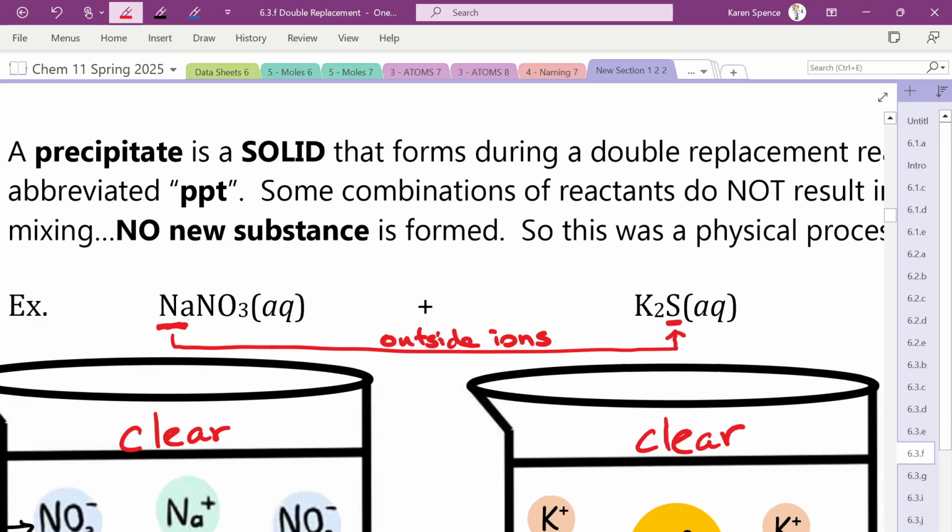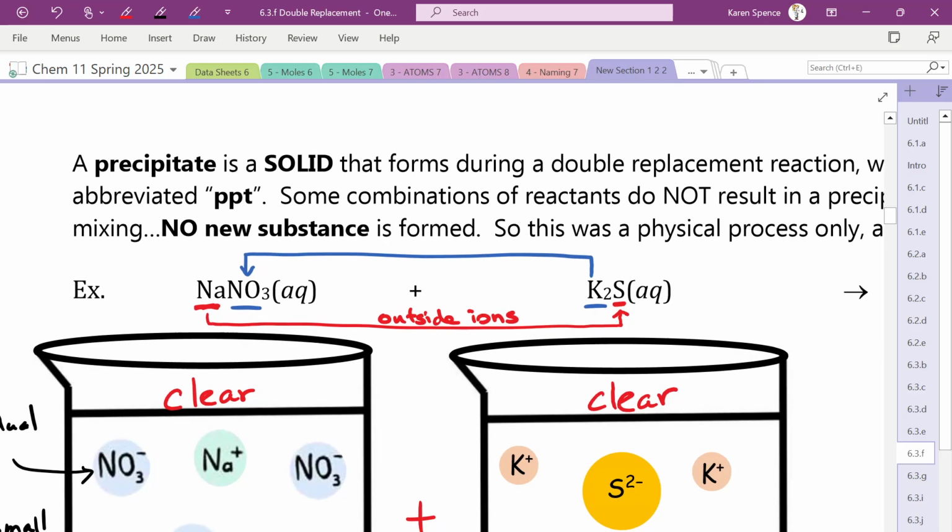And then we're going to do our inside ions. Which direction do we go for our inside ions? K comes first, and then NO3 comes second. K is positive, NO3 is minus, so we'll end up with KNO3.